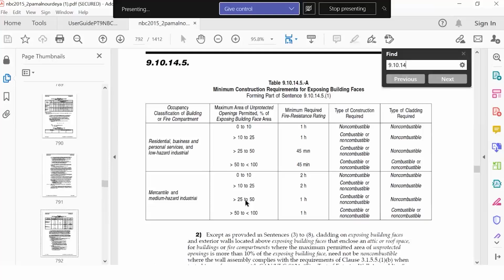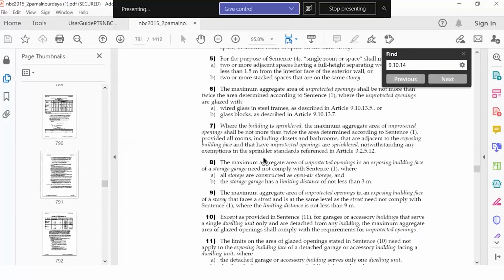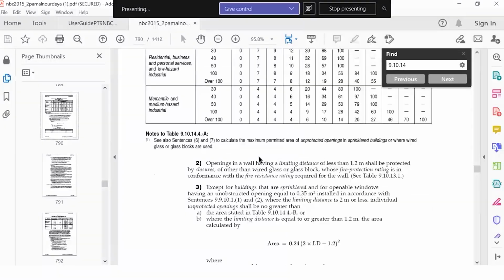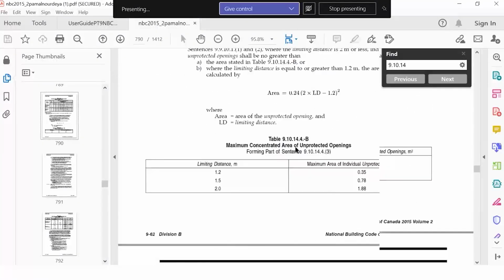this table here. So we said 7%, for 0 to 10%. For residential building, business, 0 to 10%, you've got a minimum required fire resistance rating of 1 hour. Your type of construction for the exterior wall is non-combustible, and the cladding required is non-combustible. So you really have to use 9.10.14.5A and 9.10.14.4A together.